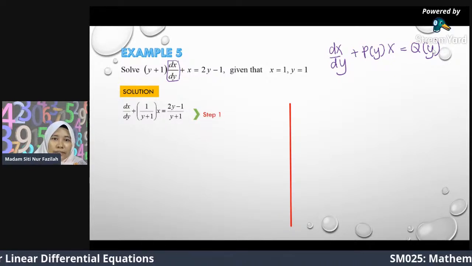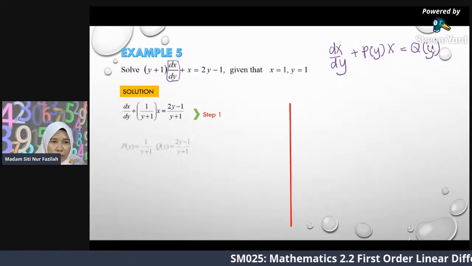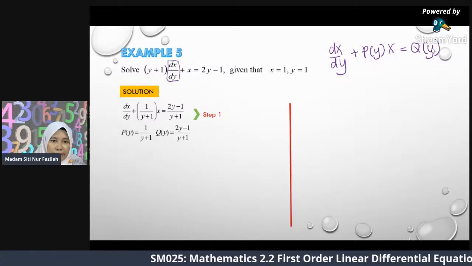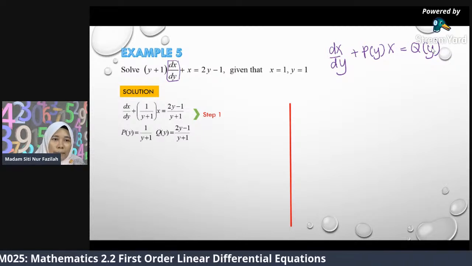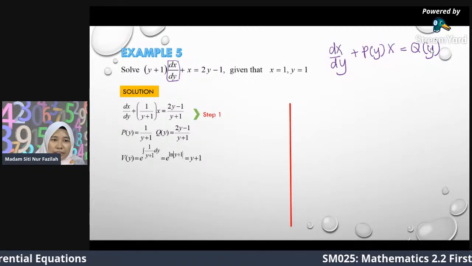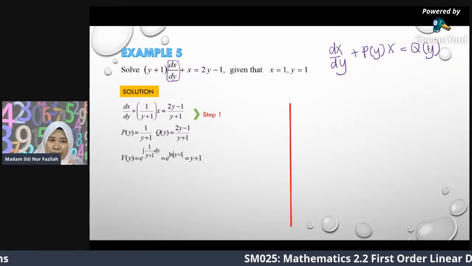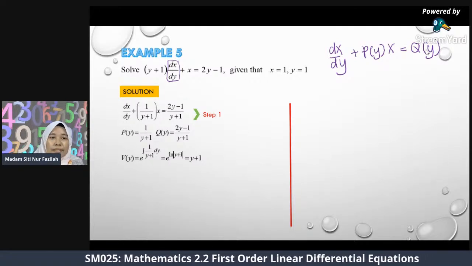When we compare with the standard form, the function p(y) is 1/(y + 1), and the function q(y) is (y - 1)/(y + 1). Next, we find the integrating factor v(y) = e to the power of the integral of 1/(y + 1) dy.